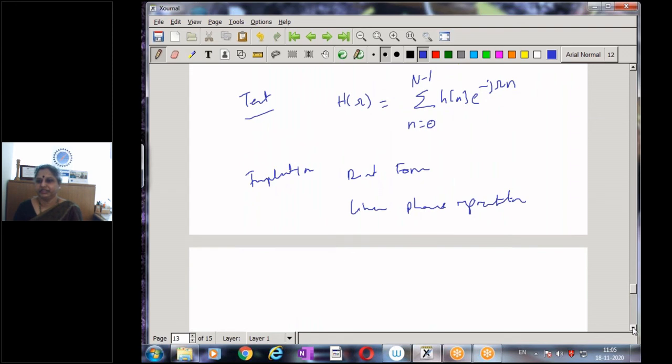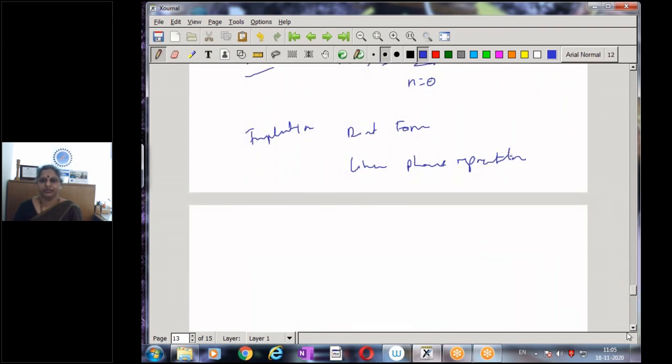So we will stop here for this module. In the next module, we shall take up actual examples, examples for designing a low pass filter and a high pass filter.